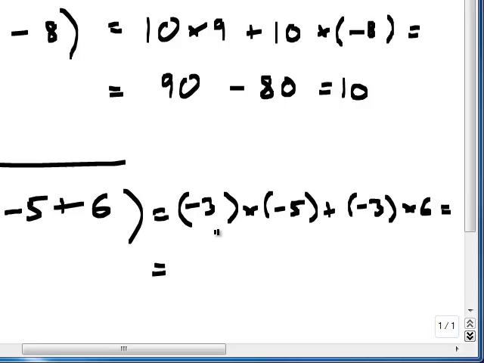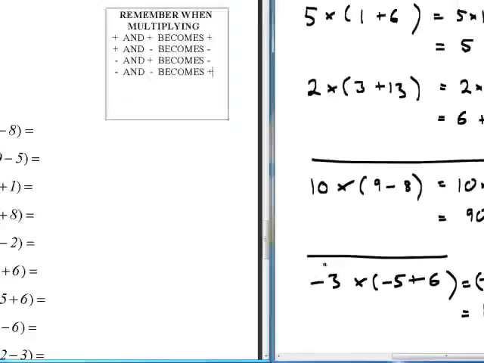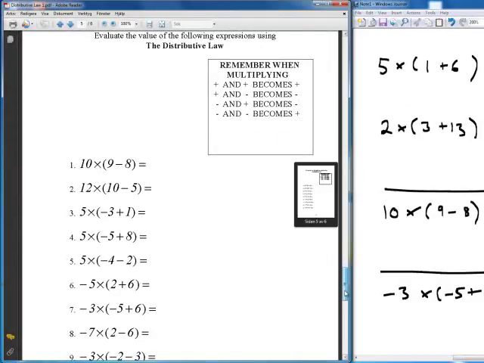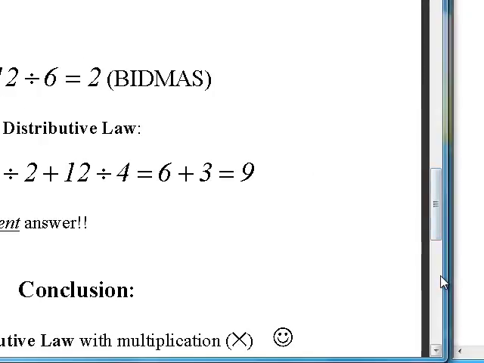Minus and minus becomes plus, so we have plus 15. Minus 3 times 6 is minus 18. Plus minus 18 is minus 18. So the answer is minus 3. Okay? So work all this out and write out everything like this.